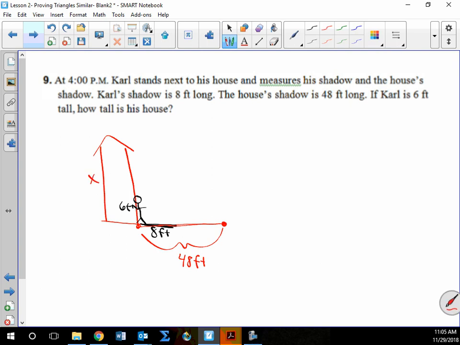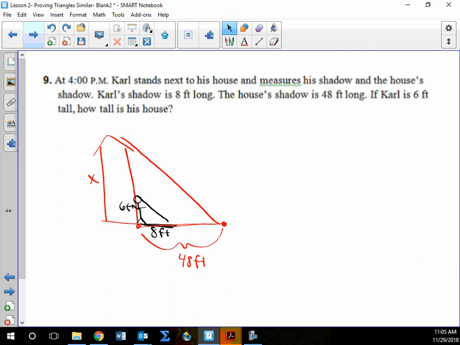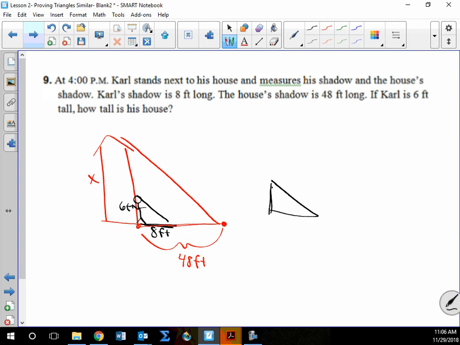Now, with this, we can actually create 2 triangles out of this. I personally like to draw the triangles separately. So I'm going to draw Carl's triangle separately. I find it's easier to visualize what's going on. So this is 6, this is 8, and this is Carl. Alright.